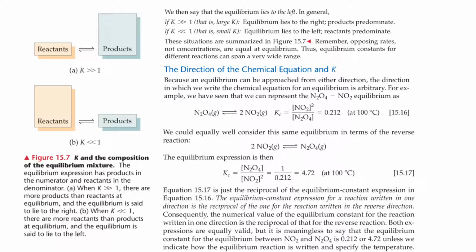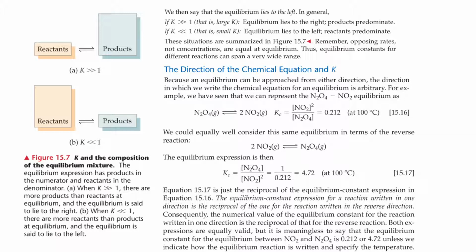The direction of the chemical equation and K. Because an equilibrium can be approached from either direction, the direction in which we write the chemical equation for an equilibrium is arbitrary. For example, we have seen that we can represent the dinitrogen tetroxide to nitrogen dioxide equilibrium as shown.